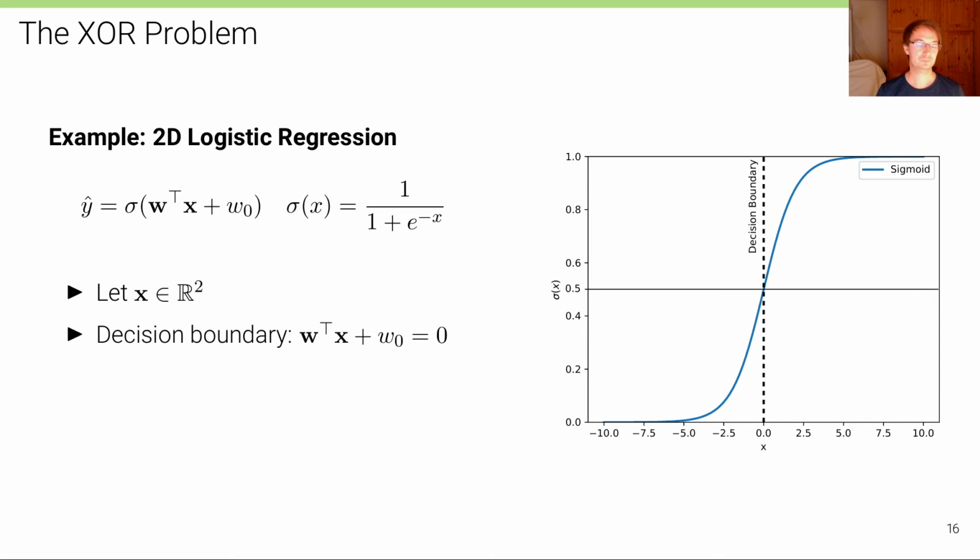Okay. That means for the decision boundary of the linear classifier, we have this expression here. This is the decision boundary. So we are basically undecided about the class if W transpose x plus W0 equals exactly 0. Then we're exactly at the decision boundary.